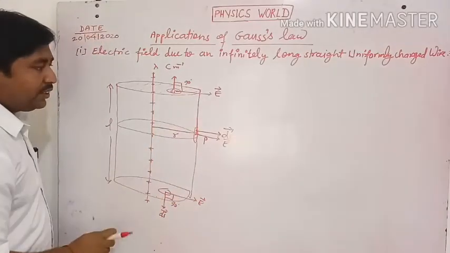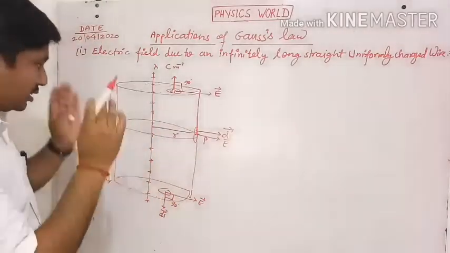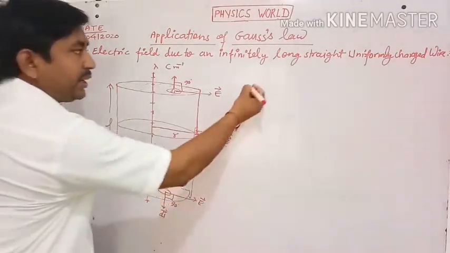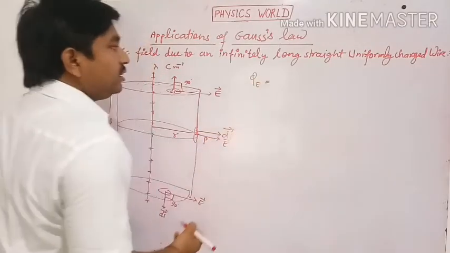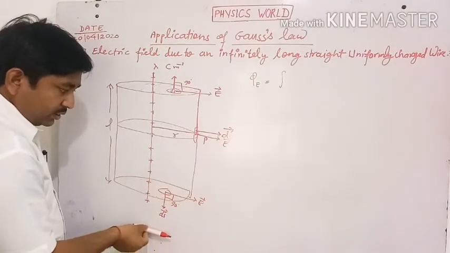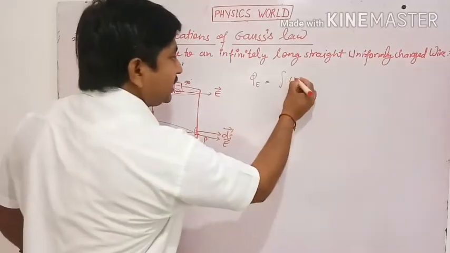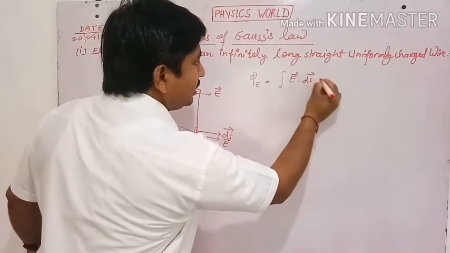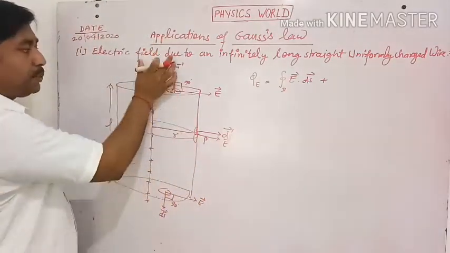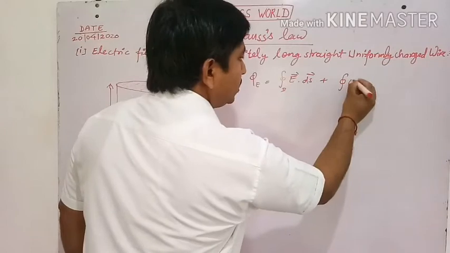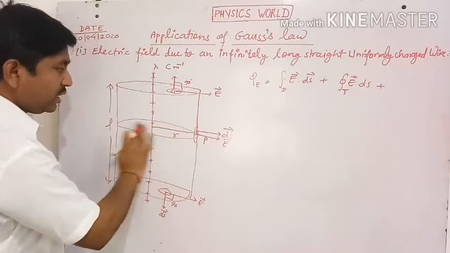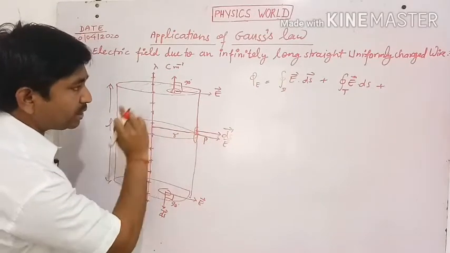Now we know that according to the definition of electric flux, the total electric flux passing through the surface is the sum of the electric flux passing through the flat bottom end, that is integral of E dot ds at the bottom end, the electric flux passing through the top end, and the electric flux passing through the curved surface.